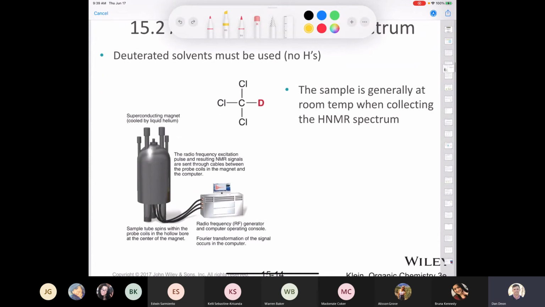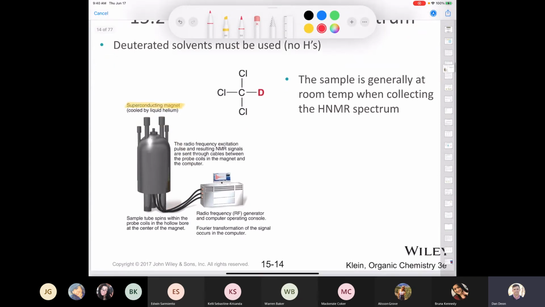So here is a figure right out of our textbook. It shows you what a spectrometer looks like. It says it's a superconducting magnet cooled by liquid helium. So inside the spectrometer, it's got like two jackets, right? You have the outer jacket, which is just a vacuum, to prevent heat from being transferred.